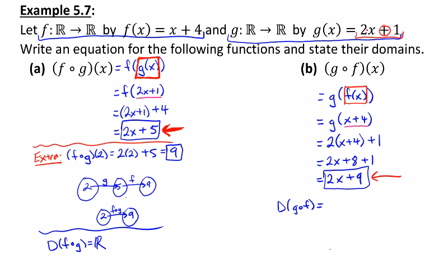The only thing going on in f of x is an addition by 4, which certainly doesn't have any negative ramifications. So that would imply that the domain should also be all real numbers. So that will be our domain. We'll box both of those in as the domains for our respective composite functions.